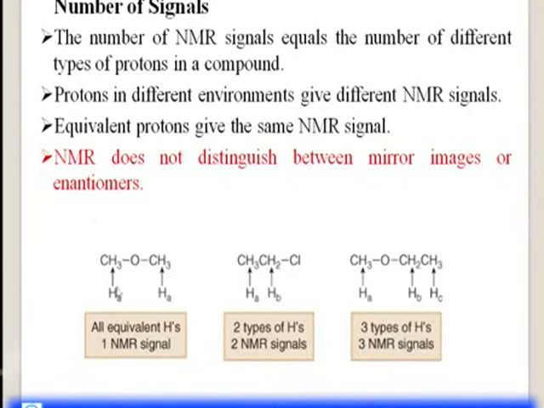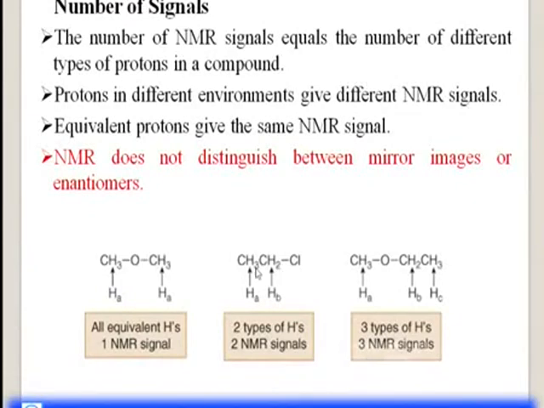Here, this molecule is CH3OCH3, an ether. The environment of all these protons is exactly similar with respect to the CH3, so the signal will be only one for both kinds of proton.